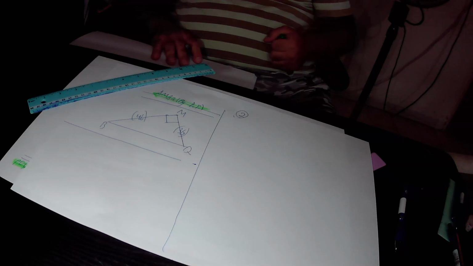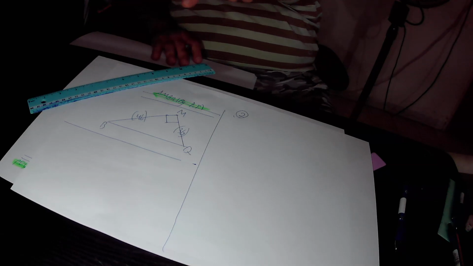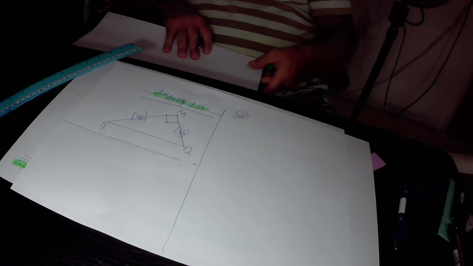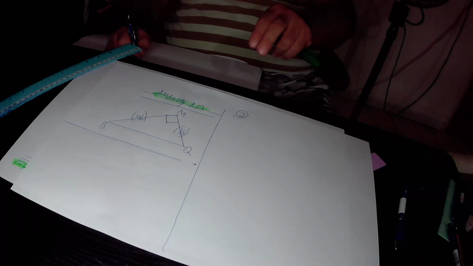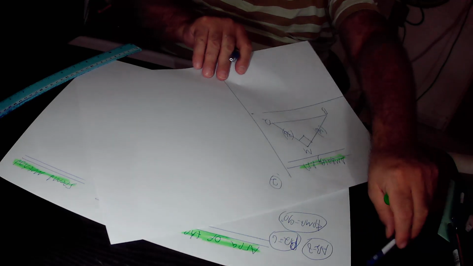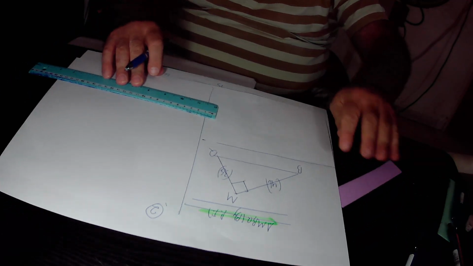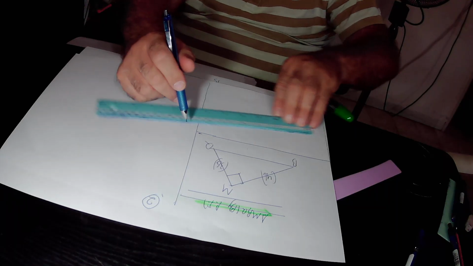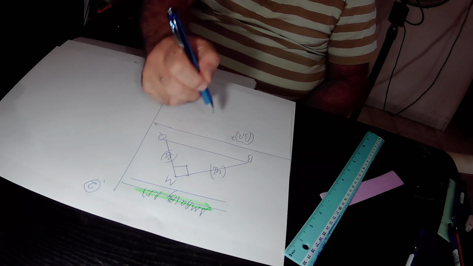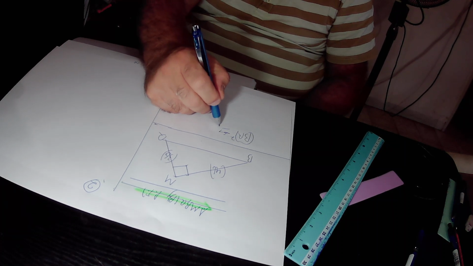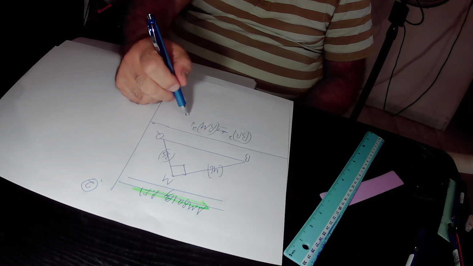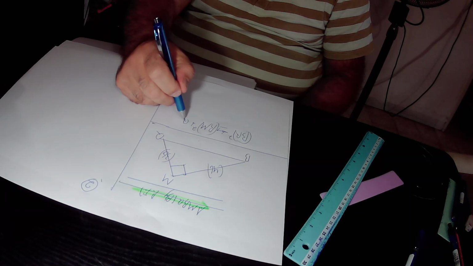BQ squared, that is the square of the hypotenuse, equals MB squared plus MQ squared. So I write it down. BQ squared, that is the square of the hypotenuse, must be equal to BM squared plus QM squared.